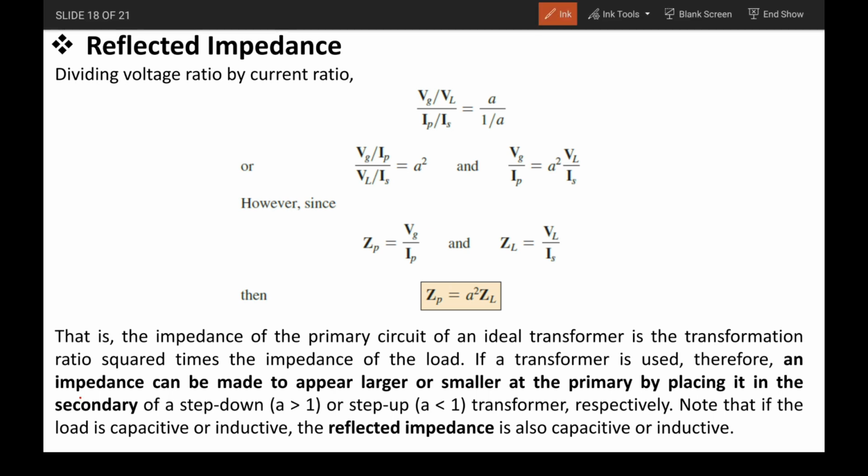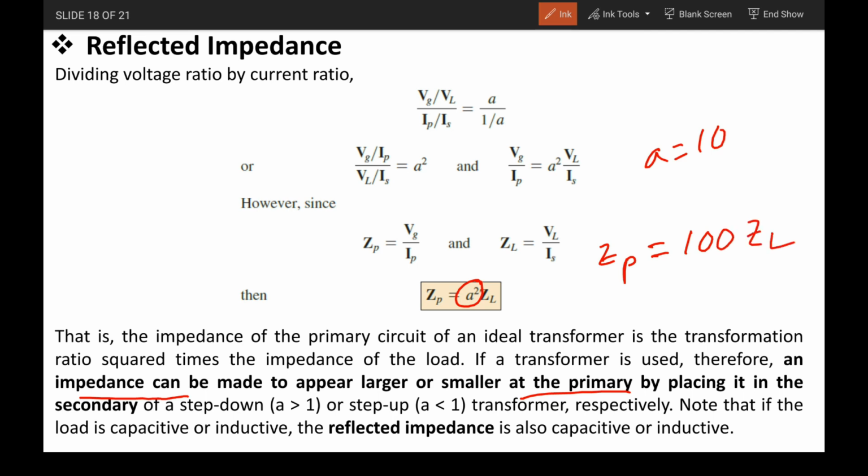And if you apply an impedance at secondary, you can make that impedance larger or smaller at primary depending on the values of A. So you can understand that if the A is greater than 1, for example 10, then definitely A square is 100, so 100 multiplied by ZL.